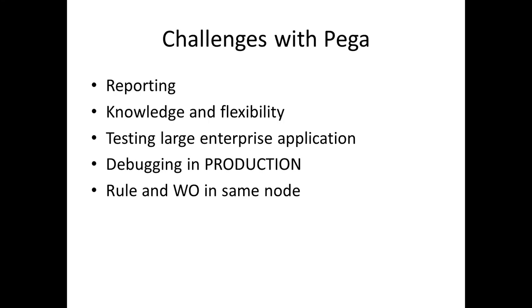Another thing is that the rules and work objects are on the same node, which hampers the performance of the system, because you are overloading everything into a single node. The entire work objects and rules would be in the same database, and with the application server interacting with it and the connection pool features being used, it would take a good hit on performance.